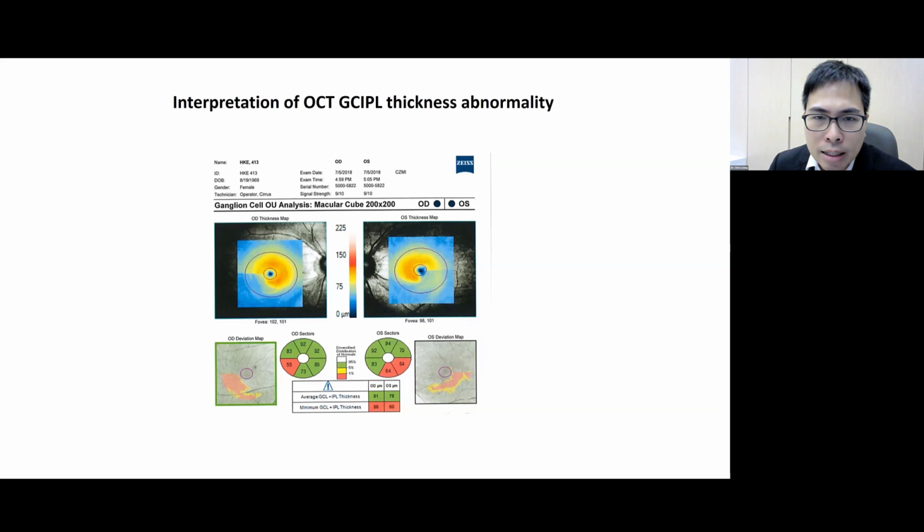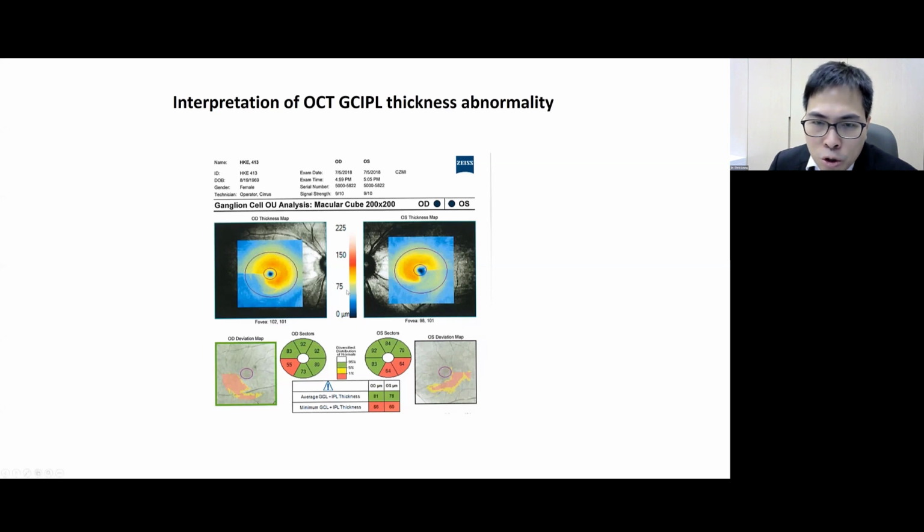But in the Cirrus OCT, it measures the GCIPL without measuring the RNFL. That's okay. But some instruments like the Optovue RTVue also measure the RNFL together with the GCL and IPL, and they label it as the ganglion cell complex.